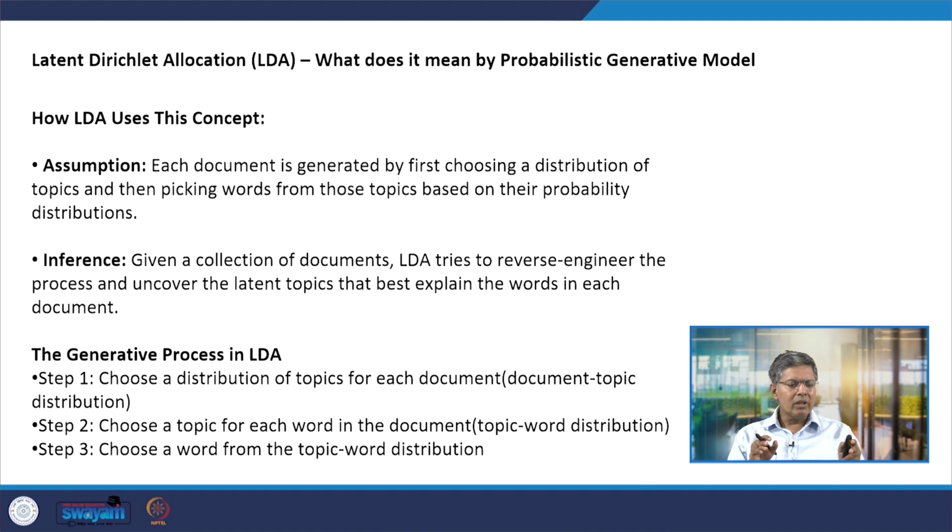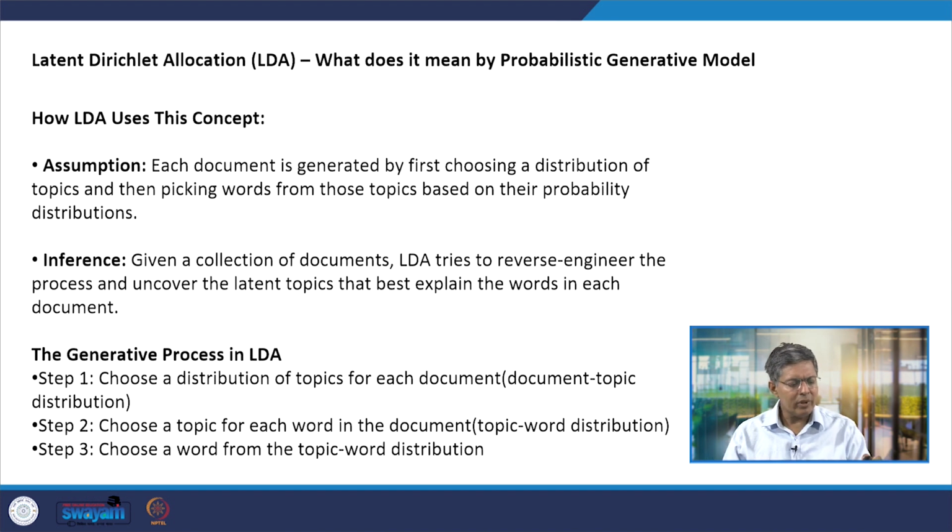It assumes that each document is generated by first choosing a distribution of topics, and then picking words from those topics based on their probability distribution. So, inference is that given a collection of documents, LDA tries to reverse engineer the process and uncover the latent topics that best explain the words in each document. It is like trying to tell what is the most potential theme.